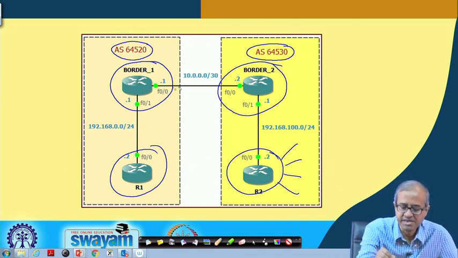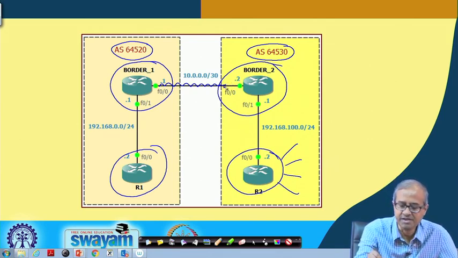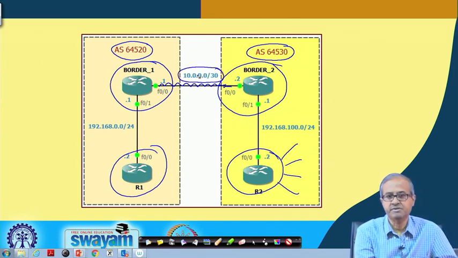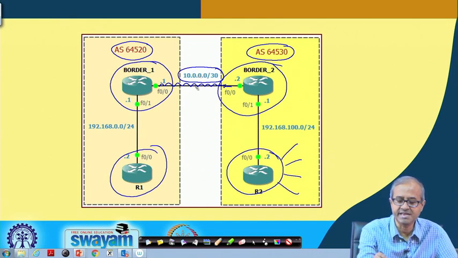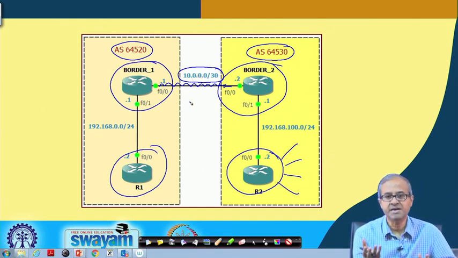So, let us say this connection here is a point to point link, right. This link is not shared by anyone else. So, here if you want, you may choose to use a private IP network. Recall I mentioned anything that starts with 10 dot is regarded as a private class A network.